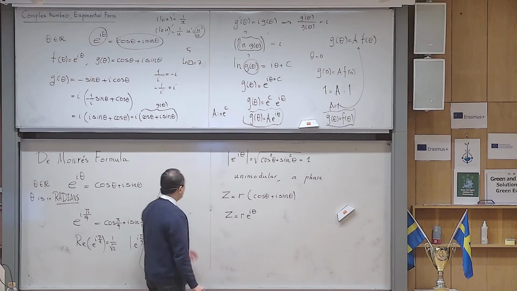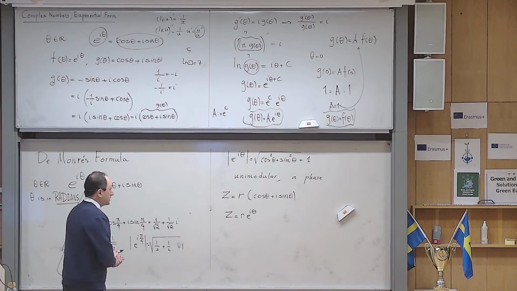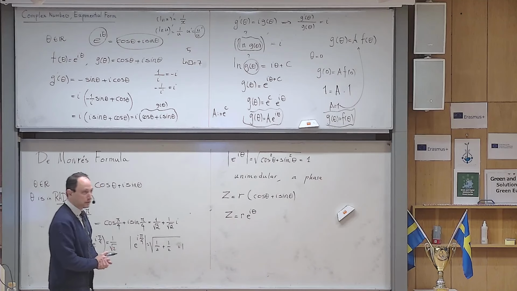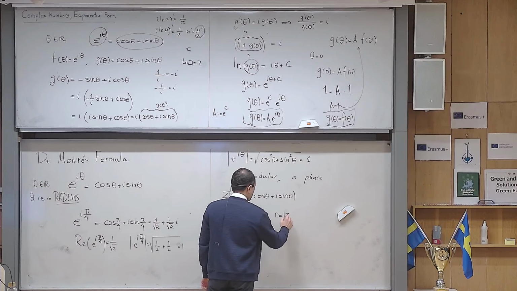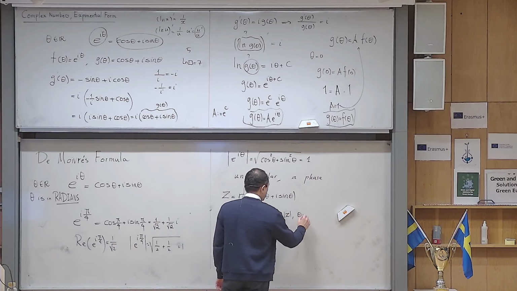And this is the topic of today's lesson, the exponential form of the complex number. So r is the absolute value and theta is the argument. Yes? So this is called the exponential form of the complex number.